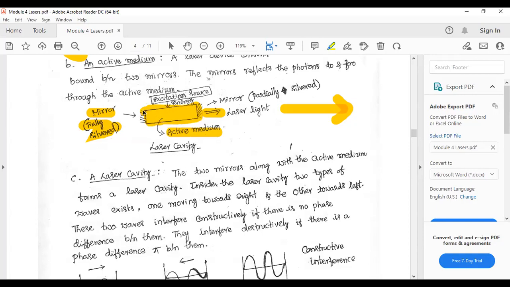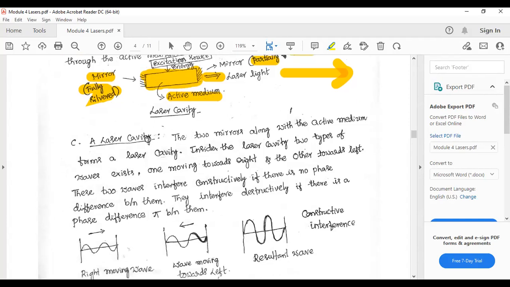One mirror is fully silvered, which means it will produce 100% reflection, and the other mirror is partially silvered. Partially silvered means it will transmit a few photons and reflect a few. In that way I will get directionality. The light coming out of this part will be in a straight line direction. Okay, this is all about the laser cavity.